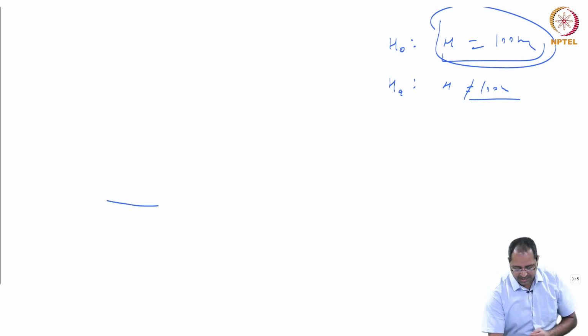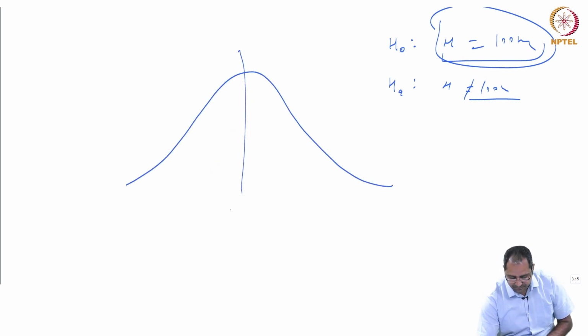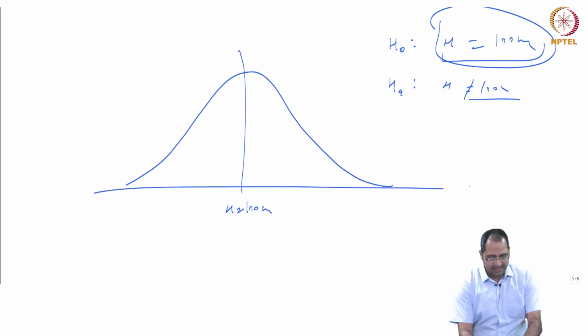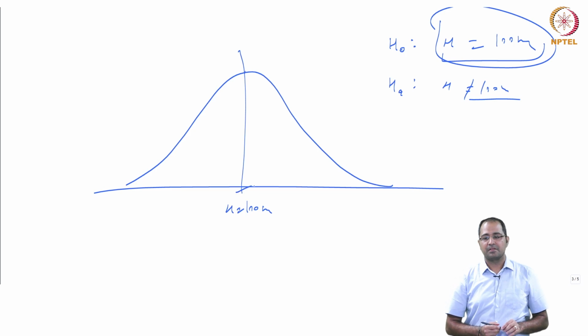So which means if we draw the sampling distribution, mu will be here, assuming that this is true. Which means assuming that the instructor is telling the truth, what is the probability?